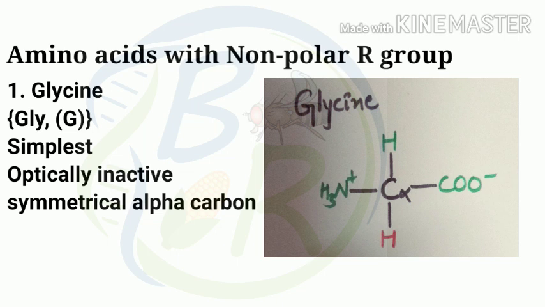As we discussed previously, it is an optically inactive amino acid due to a symmetrical alpha carbon. As you can see, its R group is a hydrogen atom, so it is a symmetrical alpha carbon, which is why it can't rotate plane polarized light.